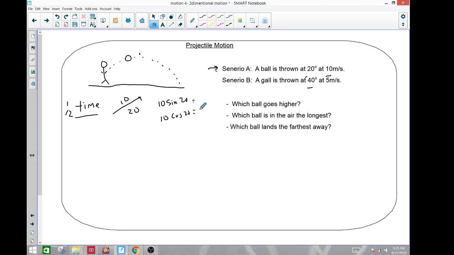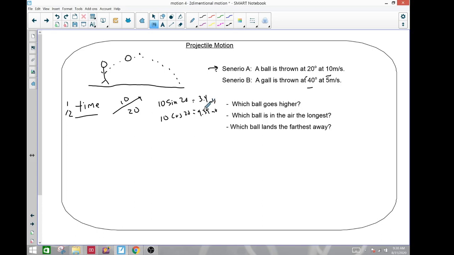This is something I would do pretty quickly as I'm getting started. 10 times the sine of 20 equals 3.4, and 10 times the cosine of 20 equals 9.39. We get that, and it is in meters per second.